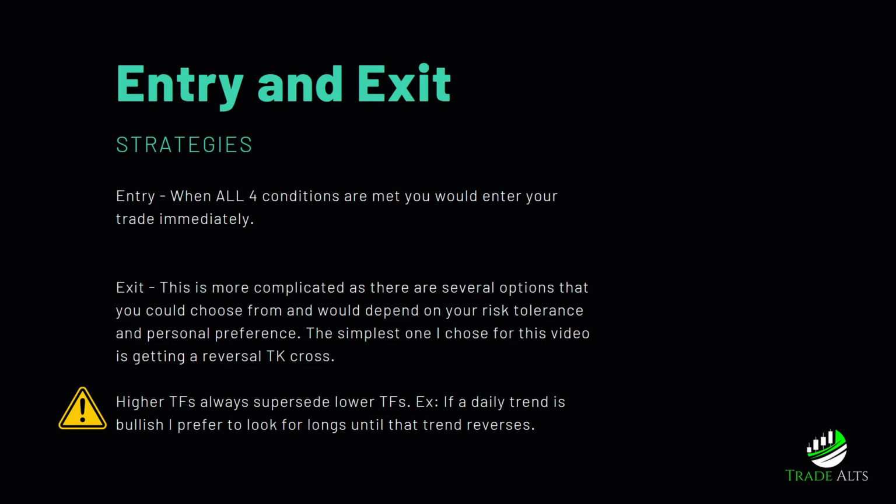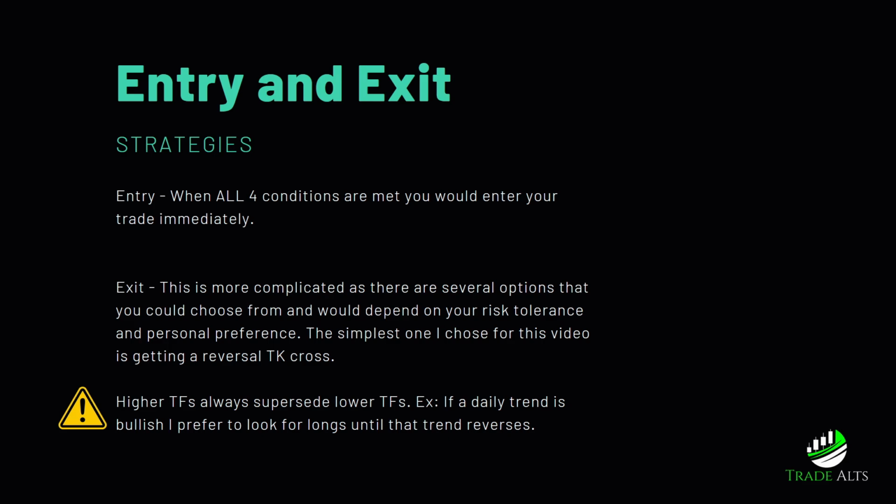So this is very critical, very important. Higher time frames always supersede lower time frames. I said this in the first video. For example, if a daily trend is bullish, I prefer to look for longs only, really. I don't like to take shorts using Ichimoku if there is a bullish daily trend until the daily trend reverses.